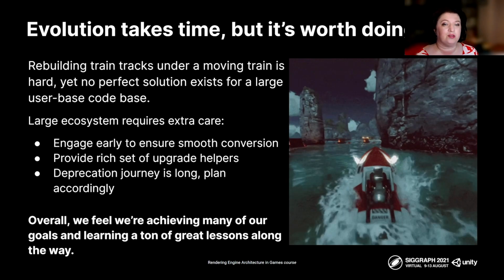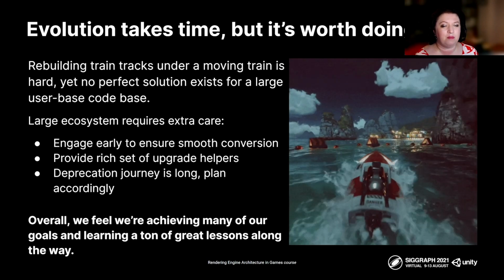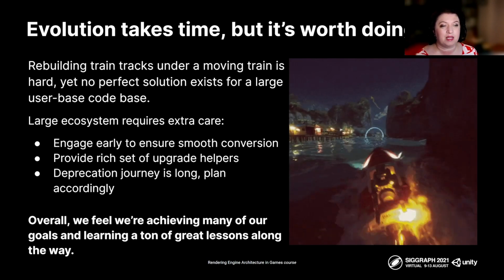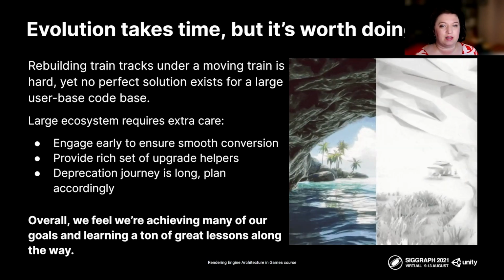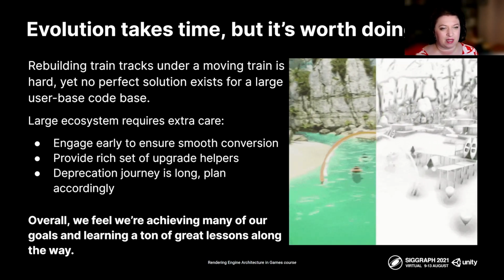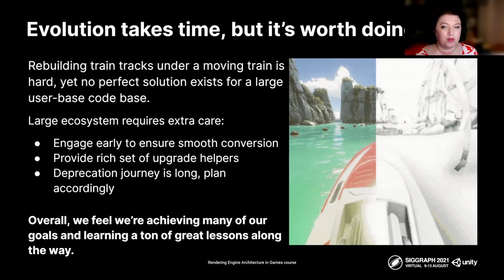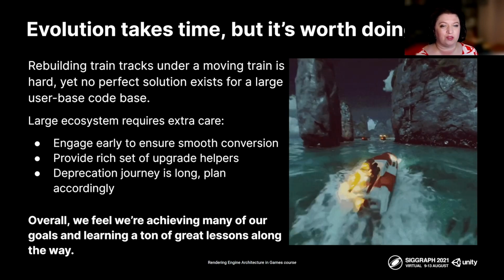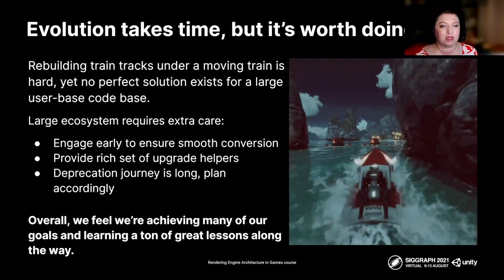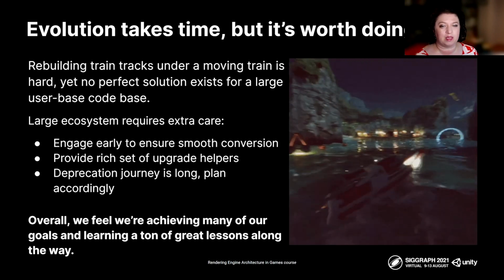Rebuilding the render architecture in a living game engine with many customers can be a complex effort. We learned valuable lessons about evolving our ecosystem through the architectural changes, from creating smooth upgrades for our customers to the new architecture, to making it easy for the ecosystem to target the full gamut of our pipelines.